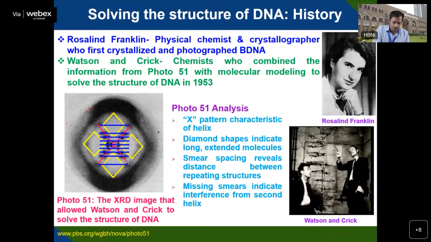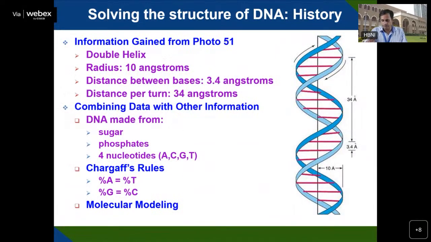These dots are lined up, and they found the spacing, the distance between the repeating structure. As you know, DNA has a repeating structure of bases. In between, you can see one line here and one line here. Those two lines are missing. That missing lines, they said, is an interference of two rings, and based on that, Watson and Crick solved this problem and got the DNA structure.